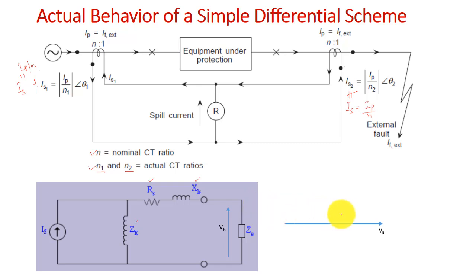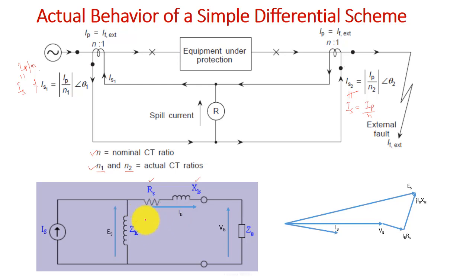Now if we plot the phasor diagram considering VB as the reference, then IB will make a lagging angle with VB, right. Then I can plot IB RS and jIB XLS, and this will give me ES, right. So this is your ES.